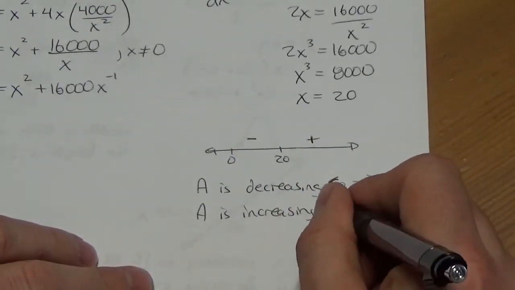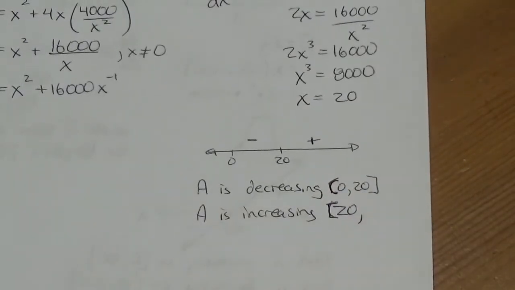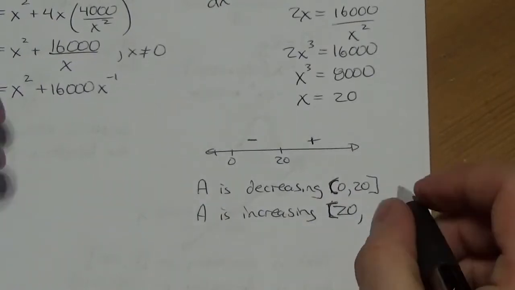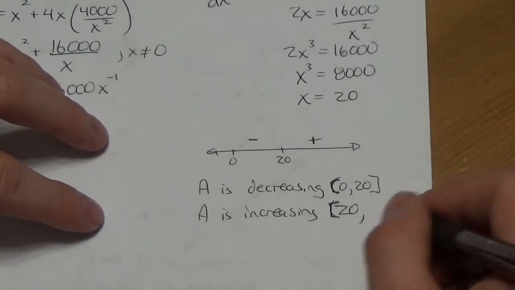from, whoops, sorry, I do want to include this, from 20 up to, now, hard to say what my maximum would be there. I suspect it's going to be the square root of 4,000, but there's going to be a maximum there.